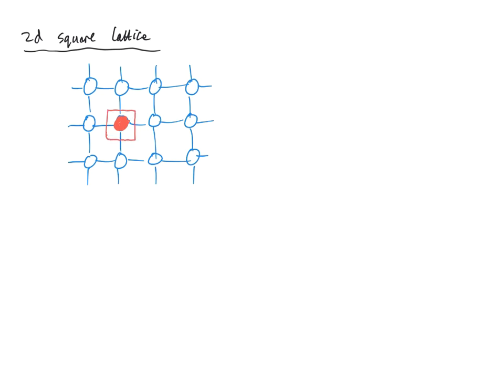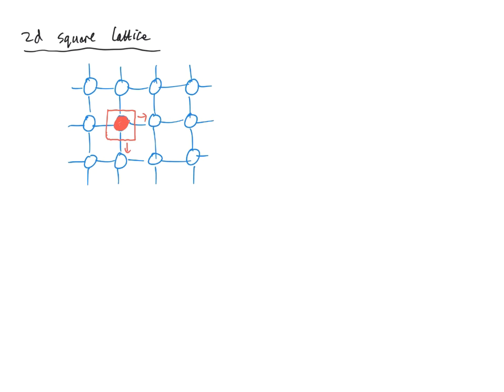And to generate the lattice, I need to copy and shift it along the x direction, but also I need to copy and shift it along the y direction. And so there are actually two lattice vectors which correspond to moving this unit cell to tile the entire plane. So we didn't really talk about the lattice vectors in the 1D case. We said we just copy and shift it along the x-axis. But now we have something a bit more complicated.